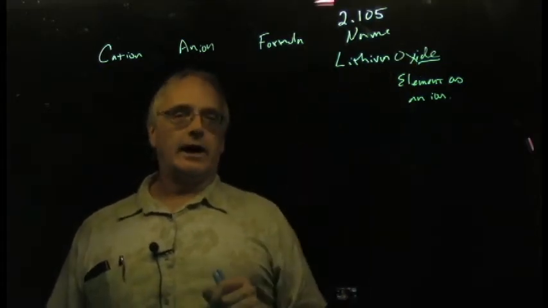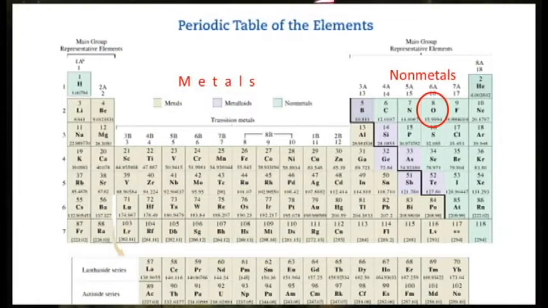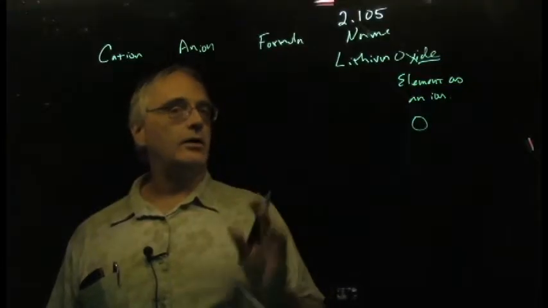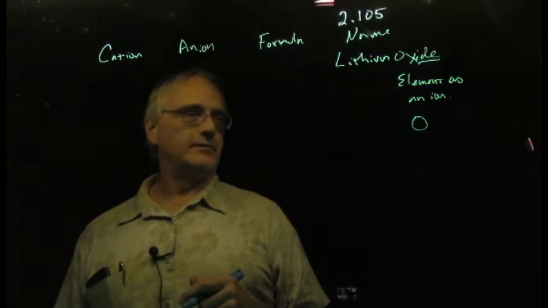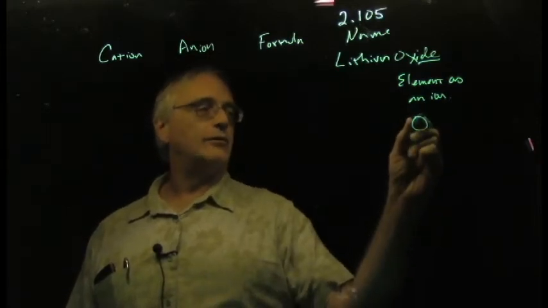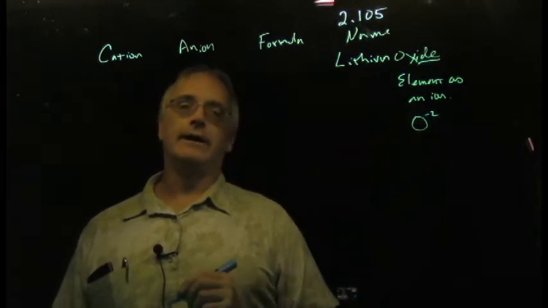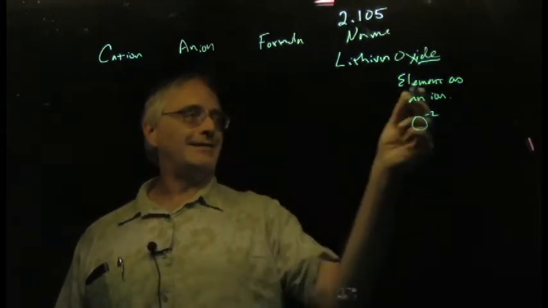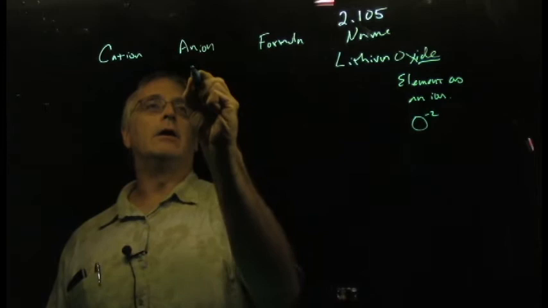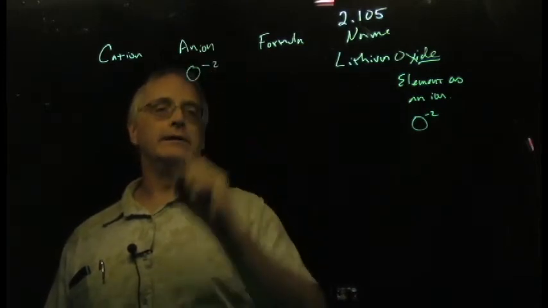And this is oxygen. Oxygen sits in column 6 of the periodic table, and the elements of column 6 tend to form ions with a -2 charge. And so when I say oxide, I am almost certainly saying -2.